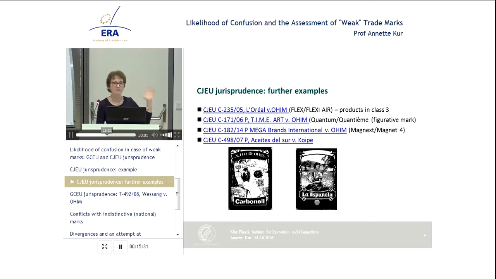So this is for olive oil, for two different brands of olive oil. So you see that the mark consists of a word element, which is definitely different. Then, of course, there is a picture, but the picture is also different. It's just coinciding in the elements that we have a woman sitting under an olive tree in a southern landscape.